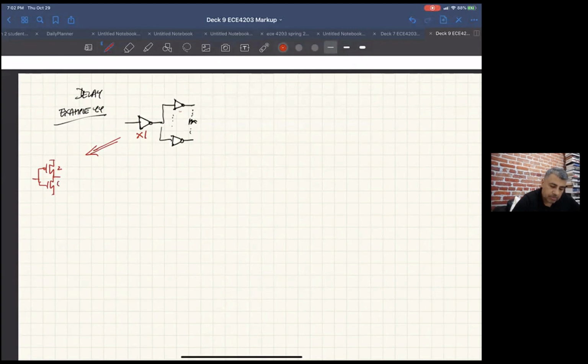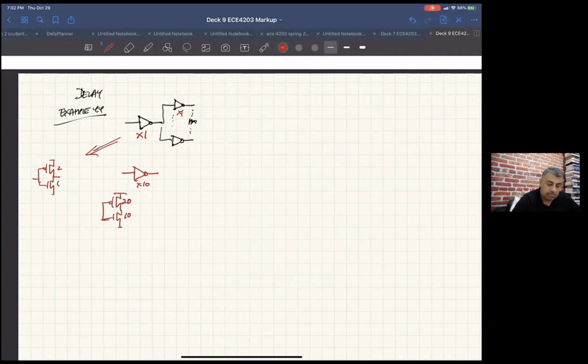If I draw an inverter with times 10, you'll know that it's supposed to have a lot more drive. It's going to be bigger. So this guy will be 20 times the width of a smallest drawable PMOS, and this will be 10 times.